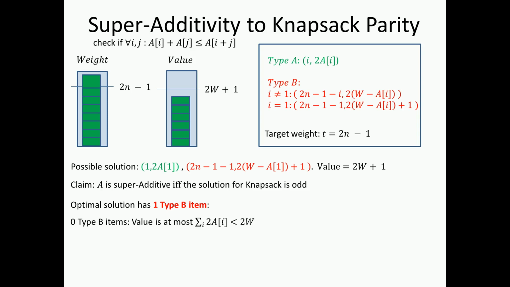So this case is not optimal. If we have 2 type B items, then the weight is more than 2n minus 1 because the weight of each item is at least n, and therefore this case is disqualified as well.